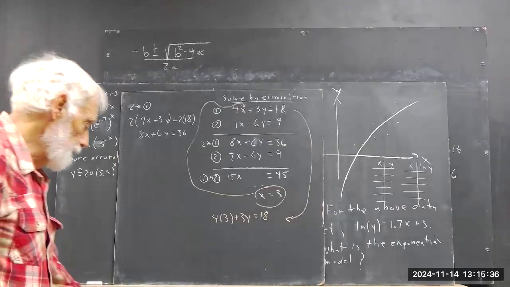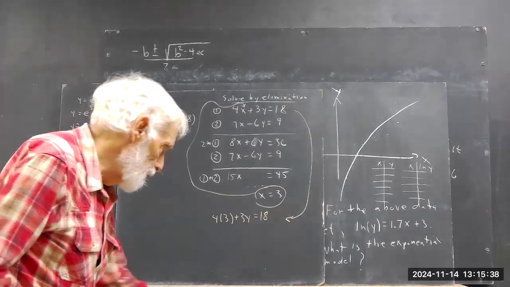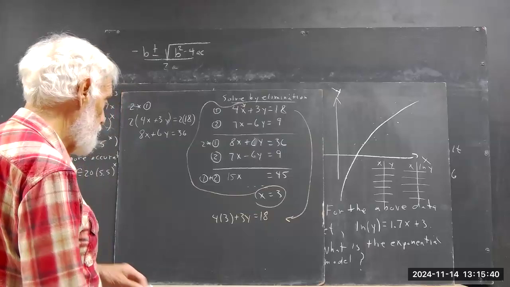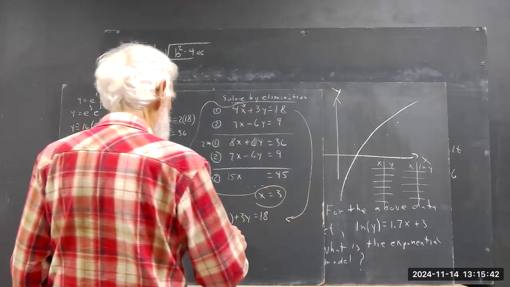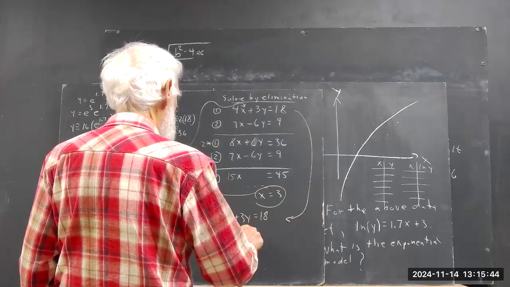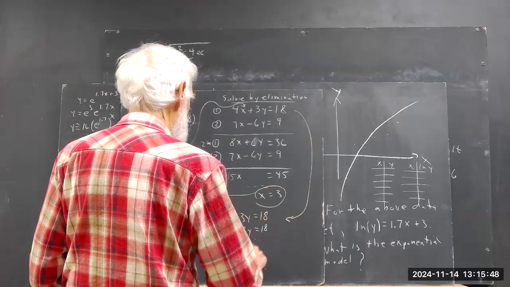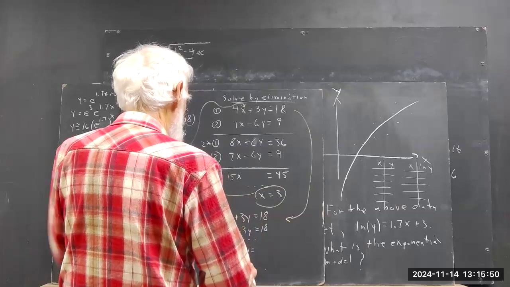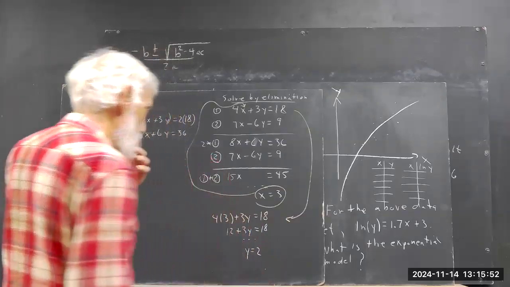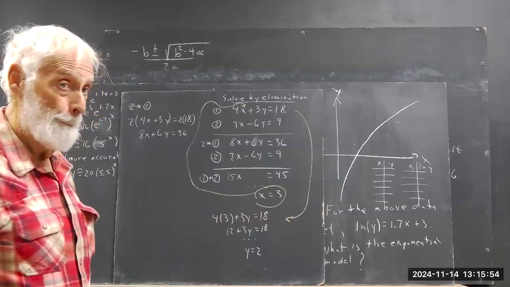Well, that equation is real easy to solve. I don't think anybody's going to have any trouble solving it. You multiply the 4 by the 3, you get 12 plus 3y equals 18. And you know what to do from there. I'm not going to take time to write it out. You get y equals 2.